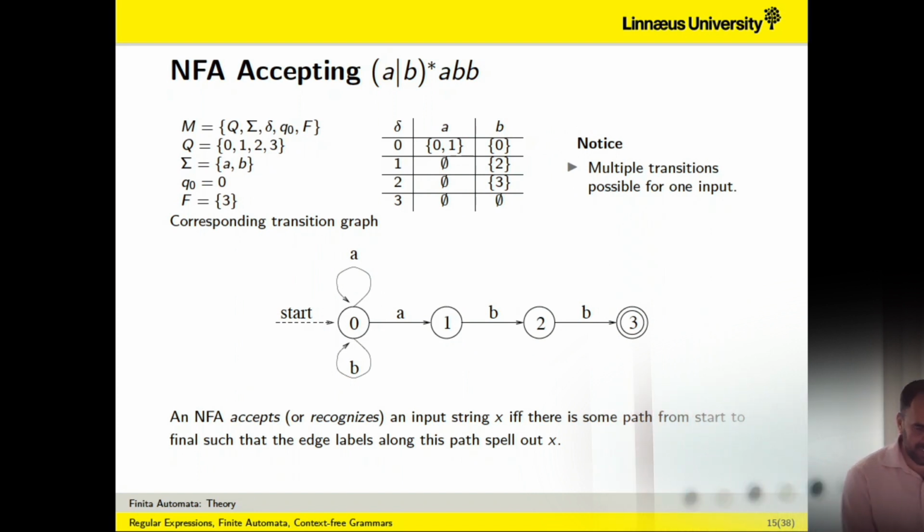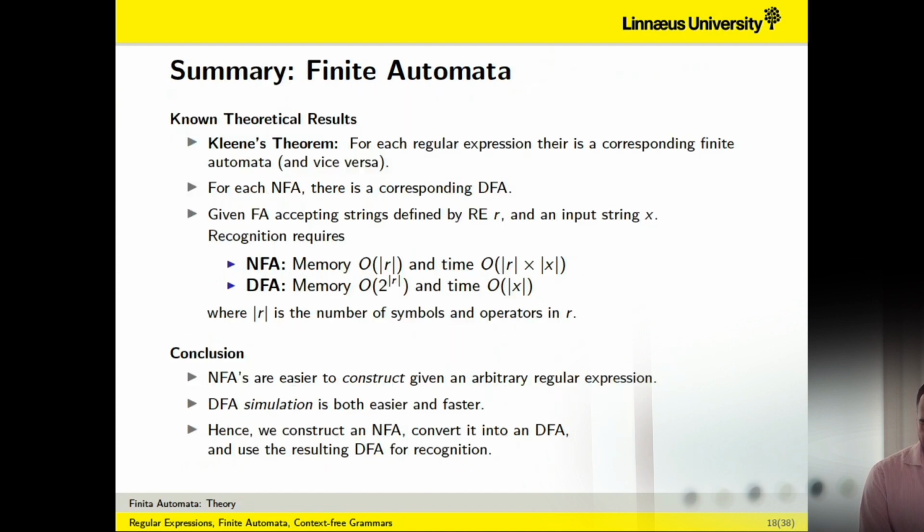Yes, I will answer you over here. Whenever you have a non-deterministic one, you can always transform it to a deterministic one. But both have their own merits and demerits. And the merits and the demerits are more like when it comes to the complexity and the resource consumption. The non-deterministic ones are easy to build.